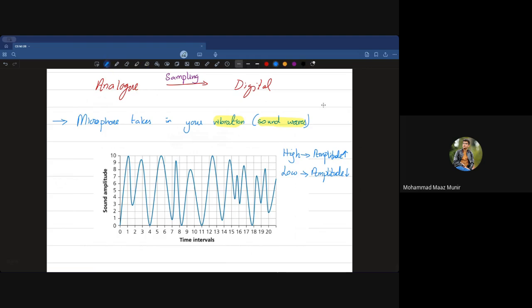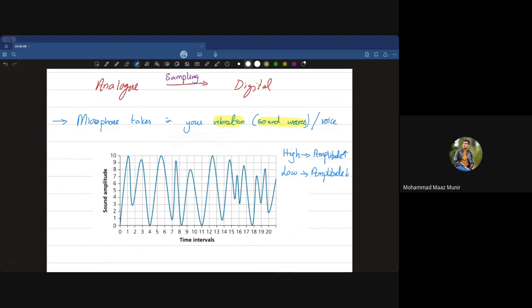So when the microphone takes in your vibration, or the sound waves, or I can also say your voice, it creates a diagram like this. This diagram is the diagram of the sound waves. You will also be studying this in your physics class, inshallah.